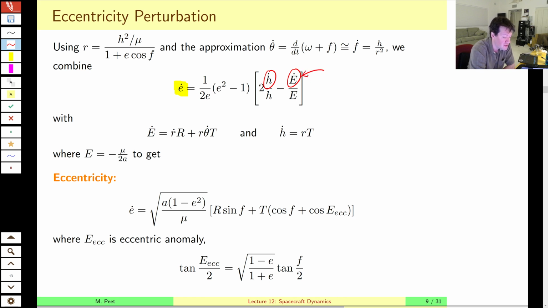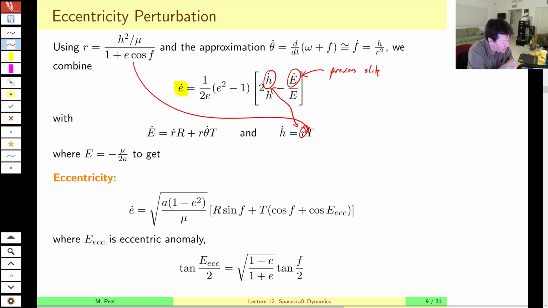Remember we dealt with that on the previous slide. We also had an expression for H dot, which is actually in many ways simpler than the expression for E dot. It of course requires us to plug in R there from the polar equation.